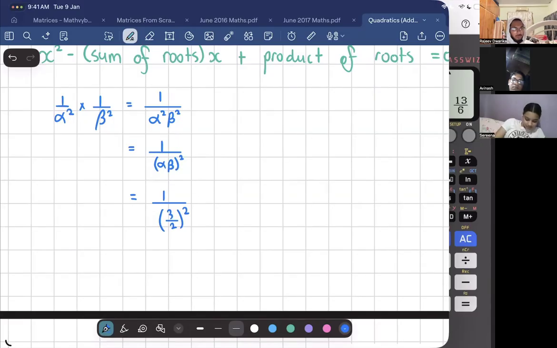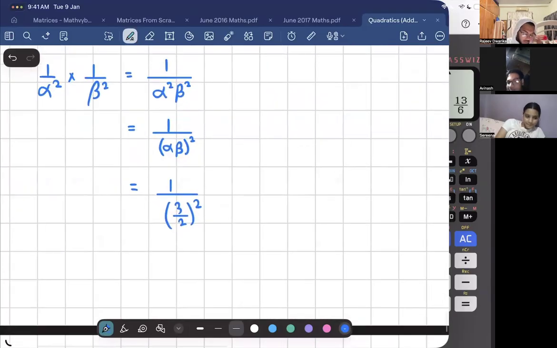It's all the positive whole numbers and all the negative whole numbers. So if you have a fraction in your final answer, you need to multiply by the LCM throughout to get rid of all the fractions, because your final answer needs to be only whole numbers. Understand?